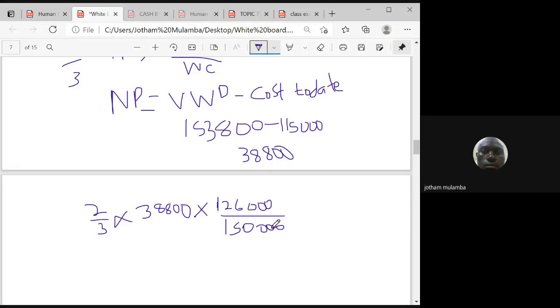How much do you get? 21,728. So now that's the profit that we will recognize in the profit and loss account for that particular project.